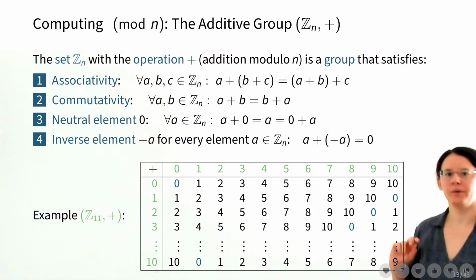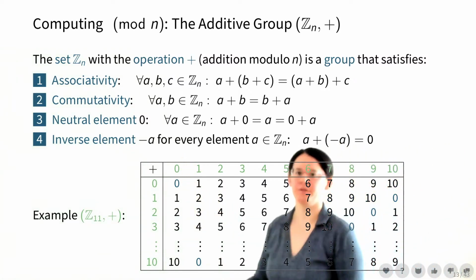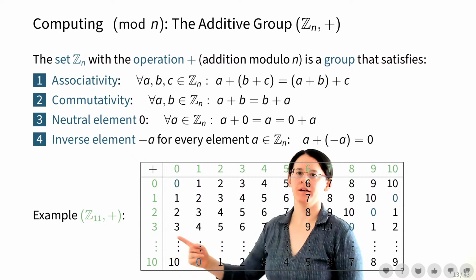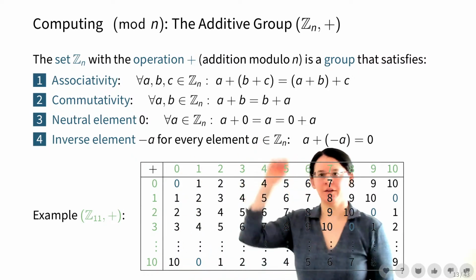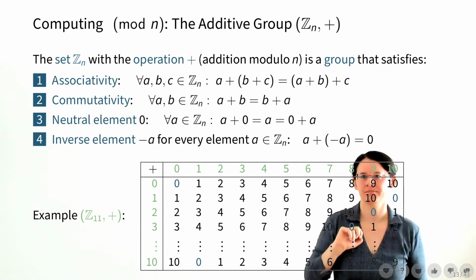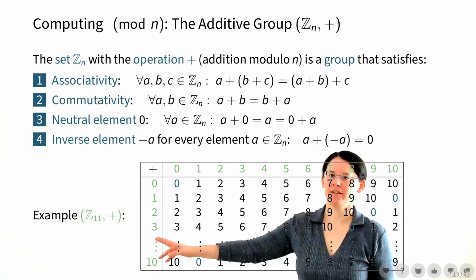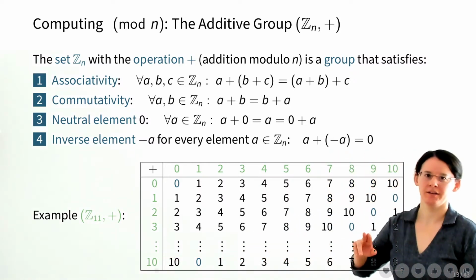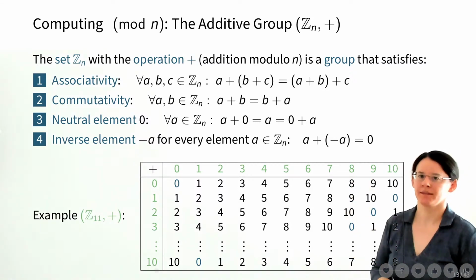And we can also see that in each line there is one operand which leaves it unchanged. So for example, 3 plus 0 is 3, and so on. And we have these inverse elements such that if you add them up, you get the neutral element, which has no effect, so to say. So for example, the additive inverse of 3, let's have a look, that's 8, because 3 plus 8 is 0.